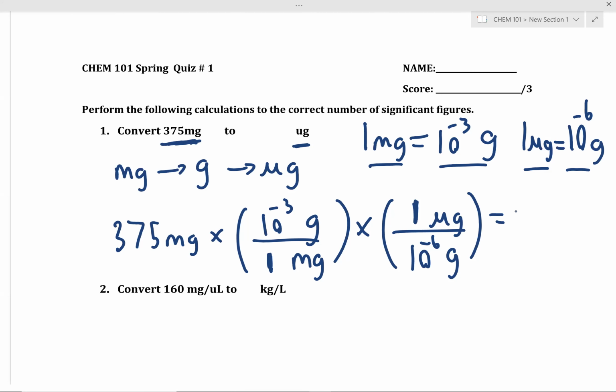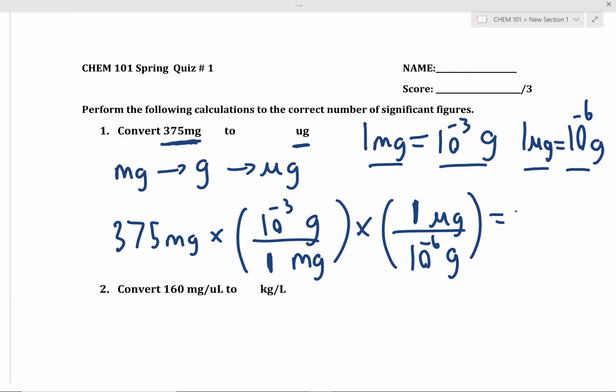Now, looking back at our problem, what's our next step? What are we dividing by? 10 to the negative 6. Okay, so we're going to hit the division symbol, then parentheses, 1 negative 6. We're then going to close the parentheses and then hit the equal sign.